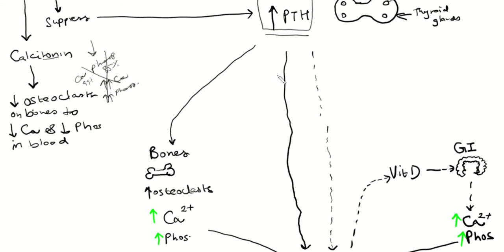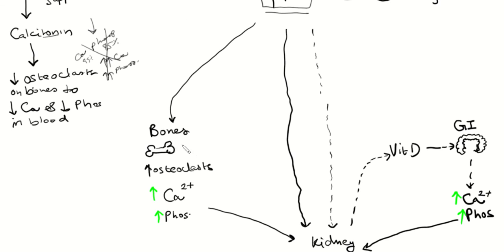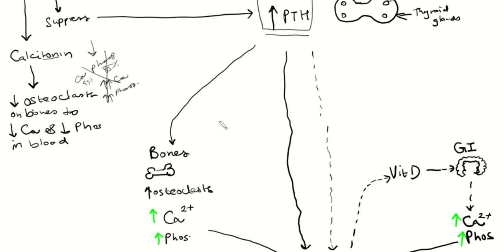Actually, technically, it does two things, but three things happen. First, parathyroid hormone talks to osteoclasts in the bones. And remember, osteoclasts break down the bones and give you lots of calcium, lots of phosphorus. So what does the parathyroid hormone do to calcium and phosphorus levels in the blood? Increases both of them.